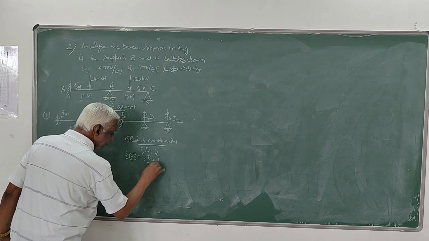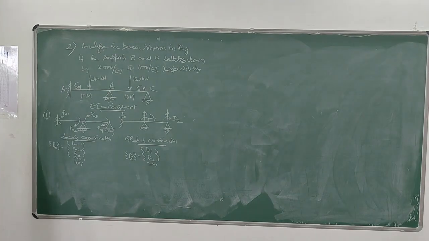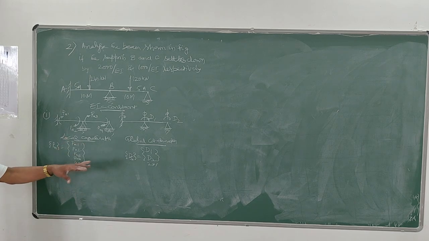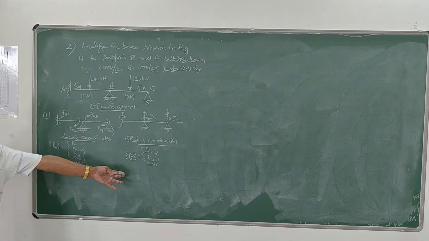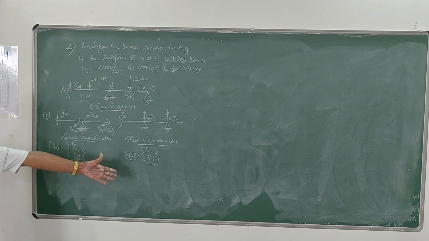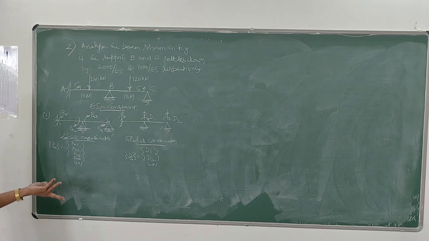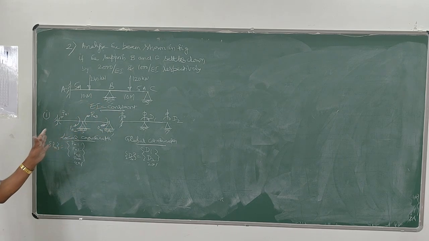So that is a 2 by 1 matrix. This is 2 by 1, this is 4 by 1. So your transformation matrix will be 4 by 2. And your stiffness matrix will be the global stiffness matrix, 2 by 2, corresponding to those 2 coordinates. So all matrices you know.